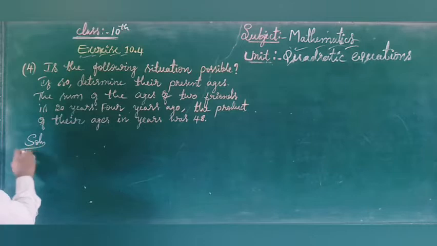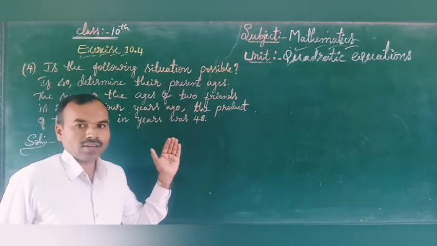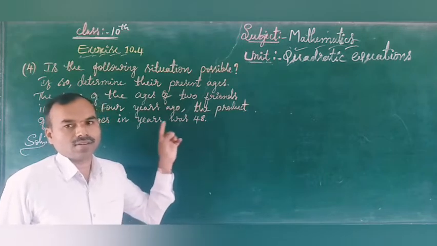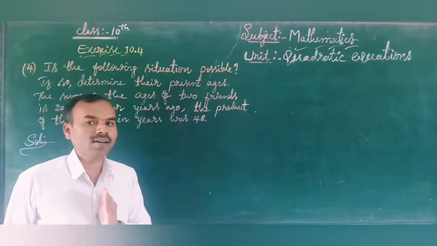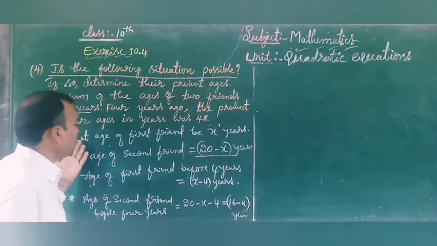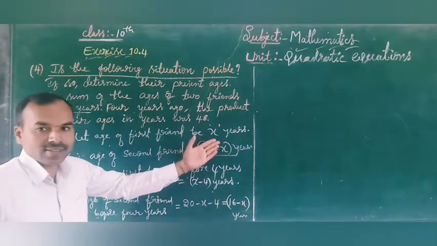Solution. First, we consider the age of the first friend to be x years.